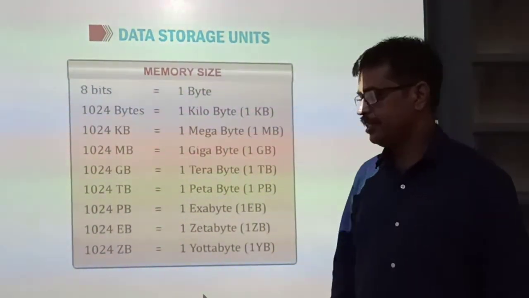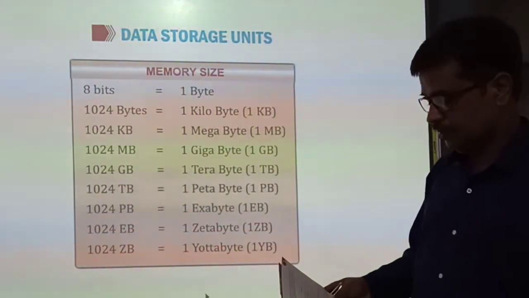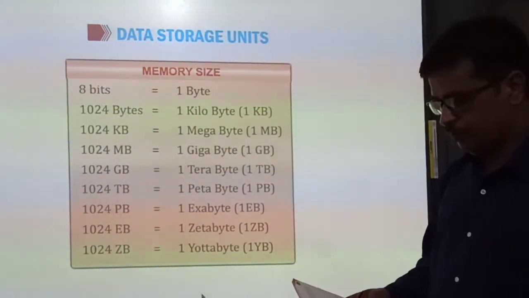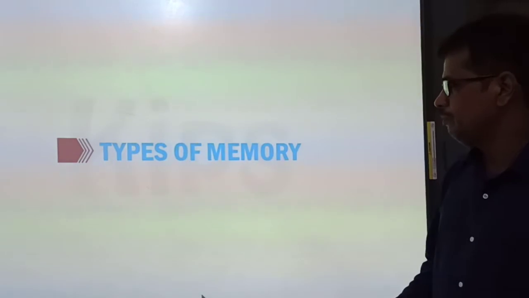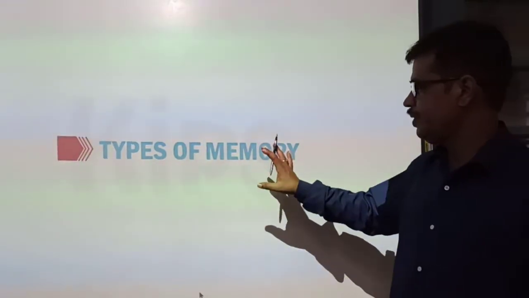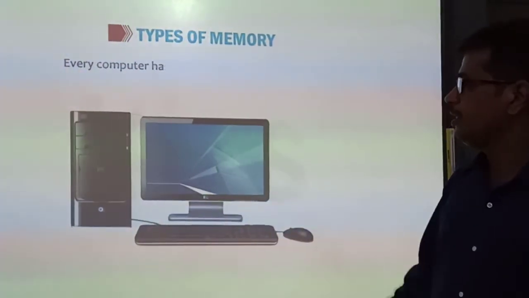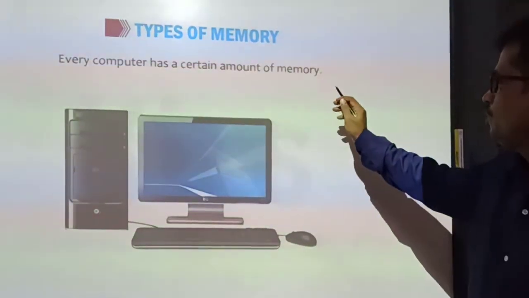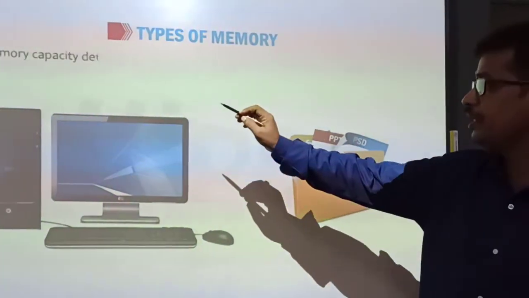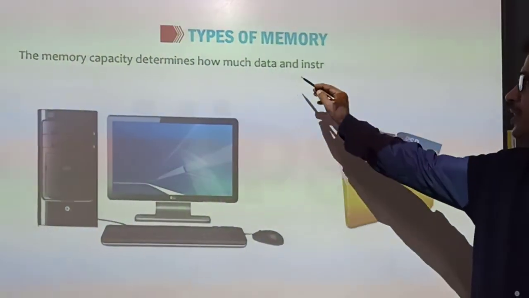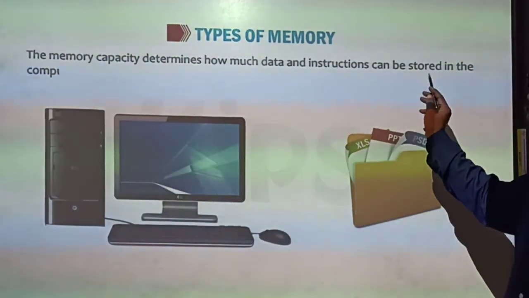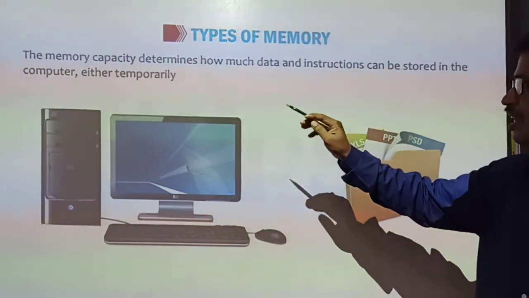Now, next is memory. Every computer has a certain amount of memory. Types of memory is our next topic. The memory capacity determines how much data and instructions can be stored in a computer, either temporarily or permanently.